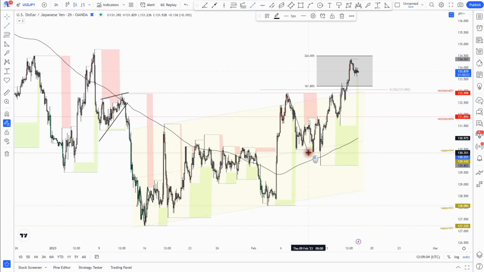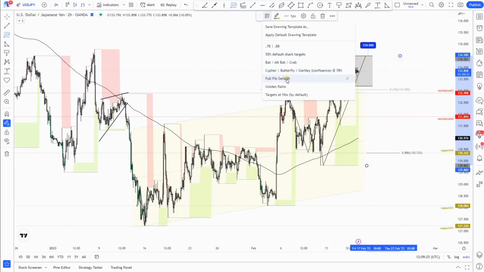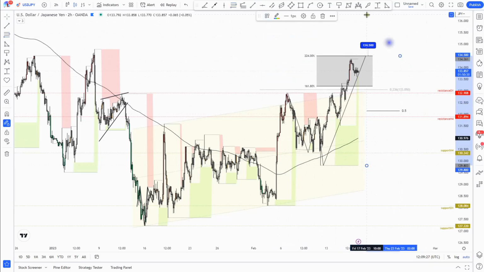So we are talking about the potential shark pattern projected at the 224% Fibonacci extension level, which points to 134.50. That pattern formation will suggest a 50% retracement after completion. So we will target the 50% Fibonacci level after the formation of that pattern.